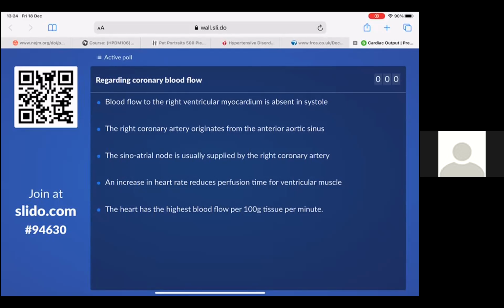An increase in heart rate reduces perfusion time for ventricular muscle. Yes, it does. Well, it usually does. Diastole, that's one of the main coronary arteries. The heart has the highest blood flow per 100 grams of tissue per minute. We say no. What would be higher?